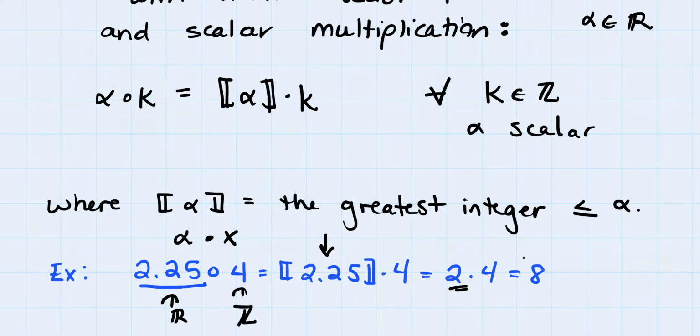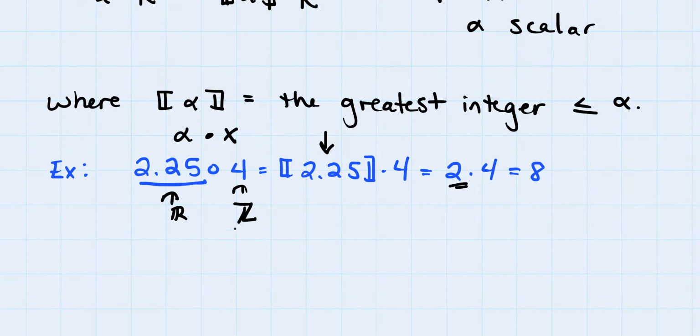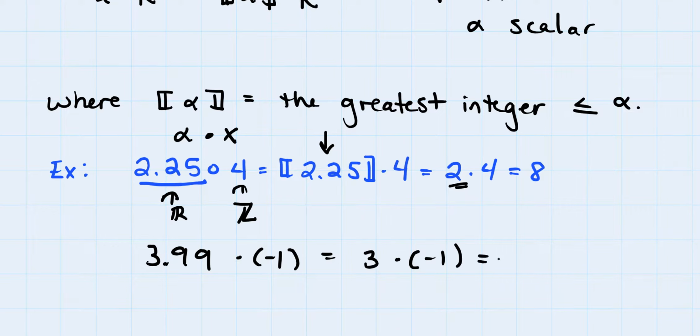So that's how you're figuring this one out. If you have 3.99 times negative 1, this is going to be equal to 3 times negative 1. Put this circle notation so we don't get confused with the multiplication, because the greatest integer less than or equal to this is 3, and we get negative 3.